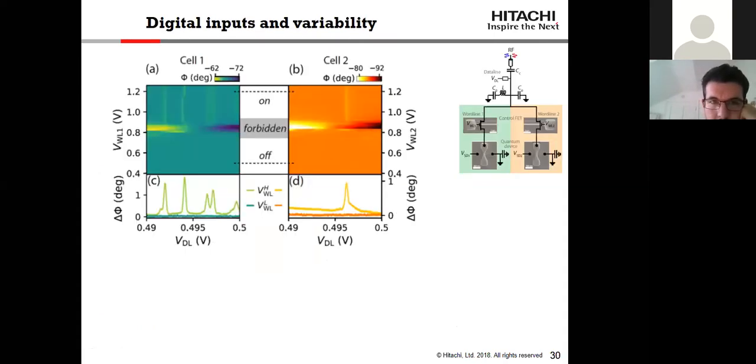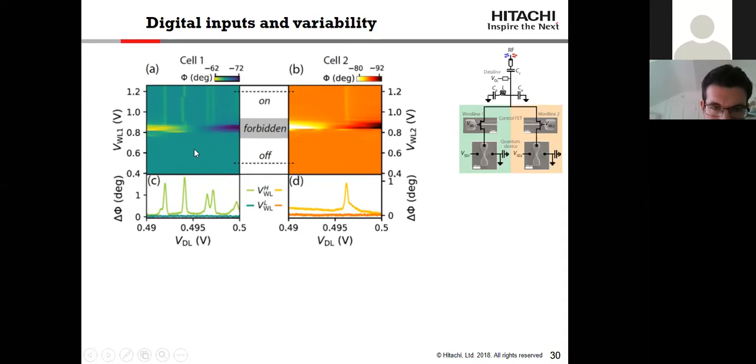Good. A bit on digital inputs and variability. We need to assess what word line voltages we need to apply to these control transistors to be able to read or not on demand the quantum devices. You can see that at low word line voltages, there is nothing to read, but as we pass the threshold regime of the transistor, eventually we can start to see the Coulomb oscillations of those devices. This is for cell 1, and this is for cell 2.